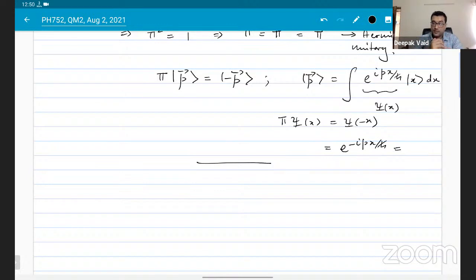So similarly, if a system has some behavior under parity, then I know what quantum numbers I can assign to the states of that system. And there are many interactions in physics which either obey these symmetries or they don't.